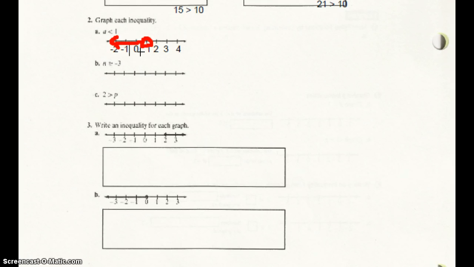Okay, so now I'm going to try out 3A down here. If you have questions on the other problems, we can talk about that in class. For 3A, it says write an inequality for the graph given right here. I see that I have a solid circle at 2, and then my line is pointing to the right.